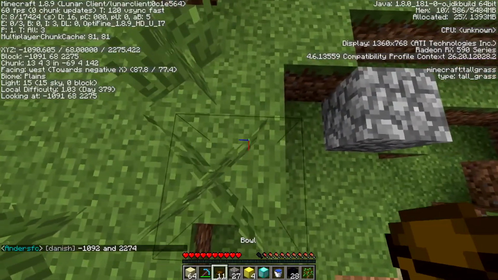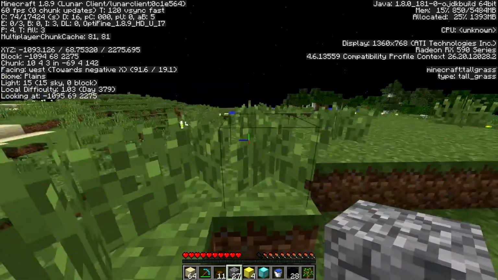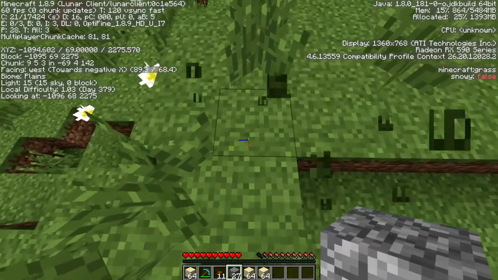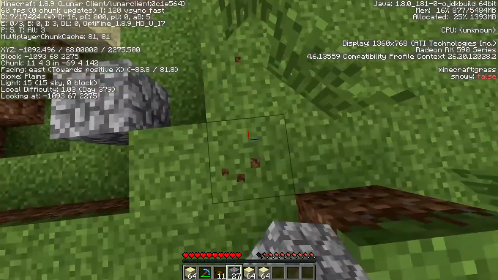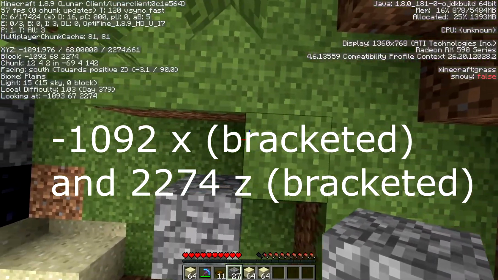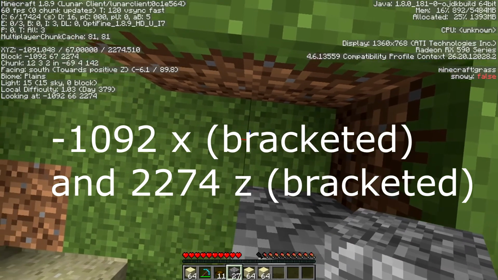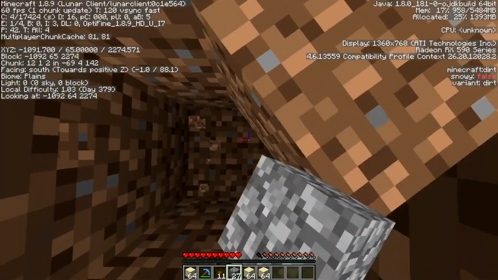I think I'll tower up first, or if it's a sky base I'd usually be able to see it, but because I usually see it if it's a sky base, I think I'll just dig straight down on the bracketed coordinates. I'll also note that these coordinates could be Nether as well.